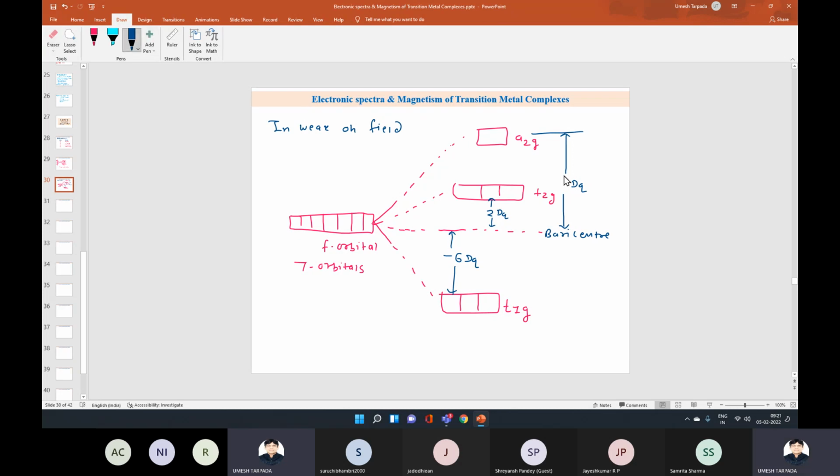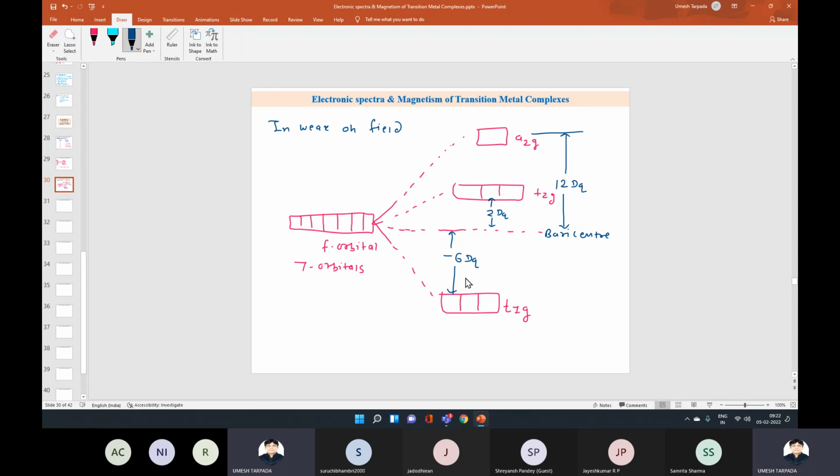You can check the energy: here 12, one orbital is there, so 12 into 1, that is 12, and 2 into 3, that is 6. So 12 plus 6, total on the upper side is 18, and below it is also 18. So that is called equal distribution of energy.